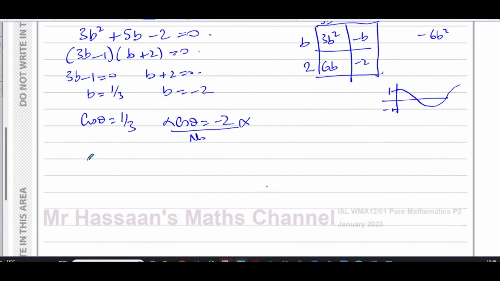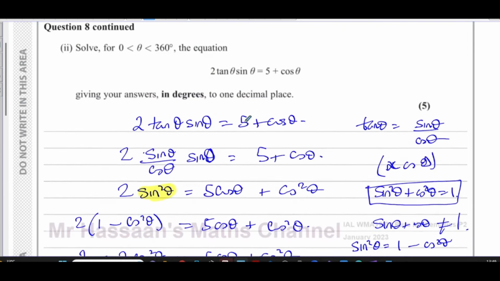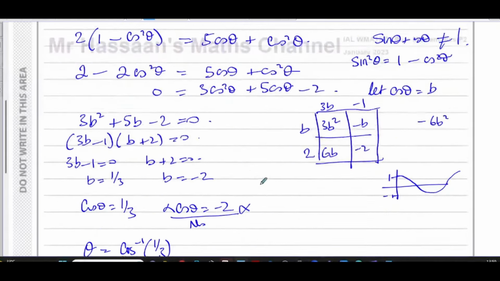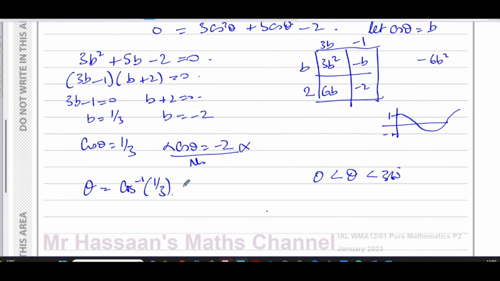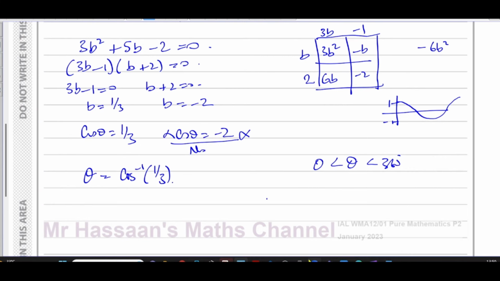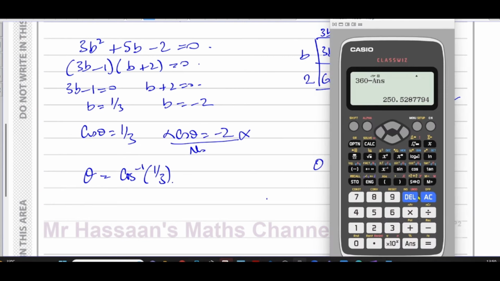So for us to find the first solution, we put theta equals inverse cosine of 1/3. Our limits are between 0 and 360 degrees. First solution, of course, with the calculator again, we make sure we're in degree mode.